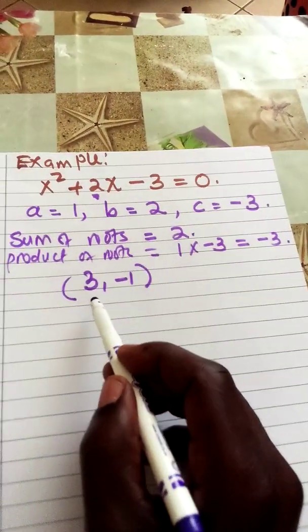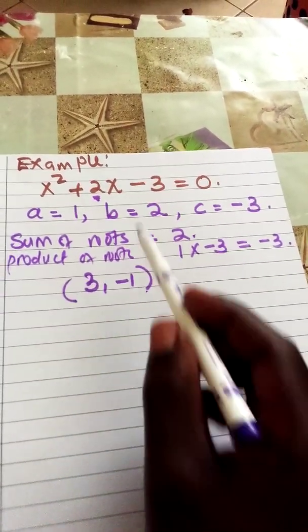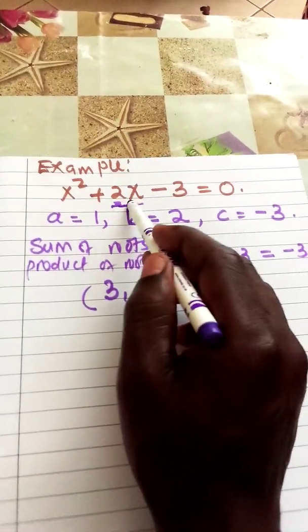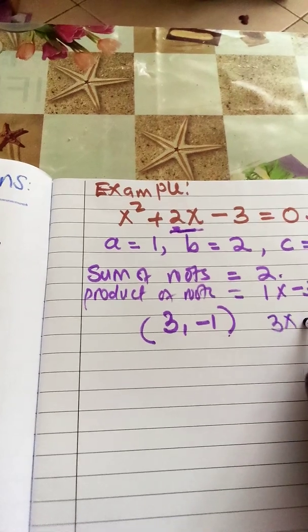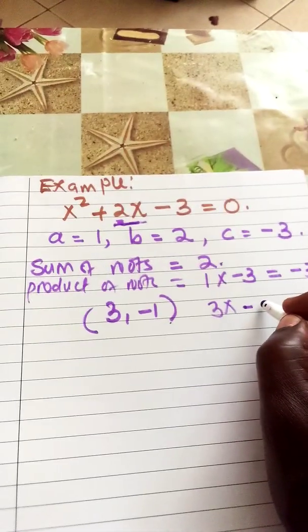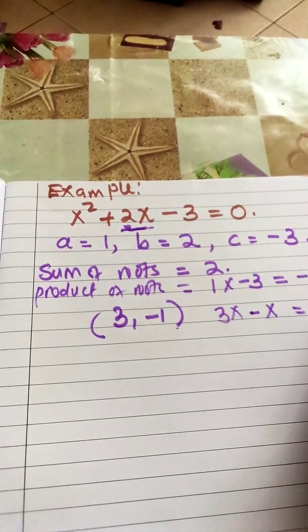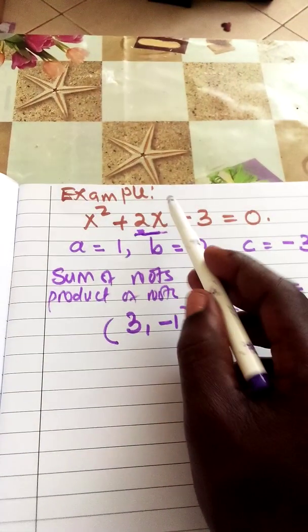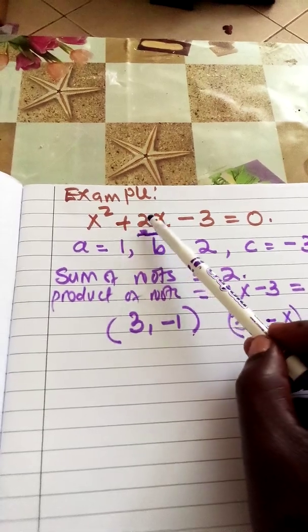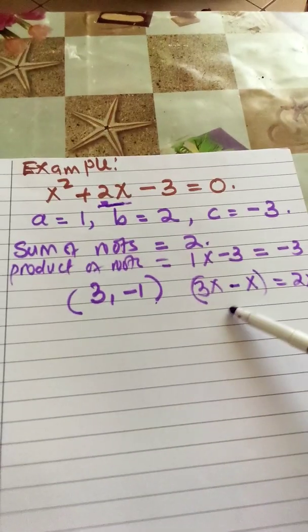Now, these factors are going to replace this, because if you have 3x take away x, we shall have 2x. Now instead of having this 2x here, we shall instead write 3x minus x.